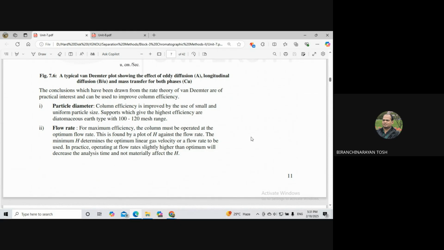Now flow rate, for maximum efficiency the column must be operated at the optimum flow rate. This is found by the plot of h against the flow rate. The minimum h determines the optimum linear gas velocity or the flow rate to be used.